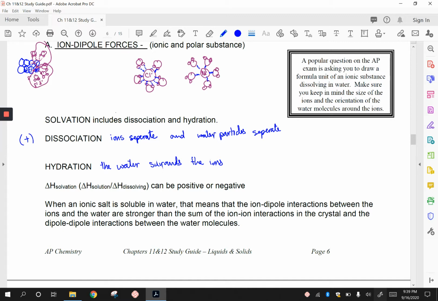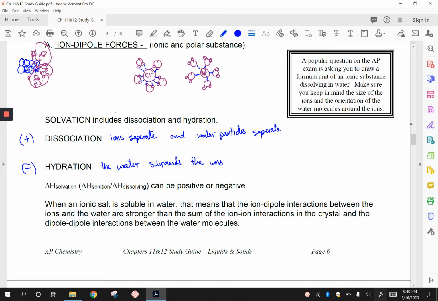In order to separate the water particles, I have to put in energy to overcome that hydrogen bonding attraction. But the hydration is negative because there's an attraction between the water and the ions. So when you bring two things that are attracted to each other close together, that releases energy. And so because one part is positive and one part is negative, my heat of solution or heat of dissolving or heat of solvation, those all mean the same thing, might be either positive or negative, depending on my numbers.